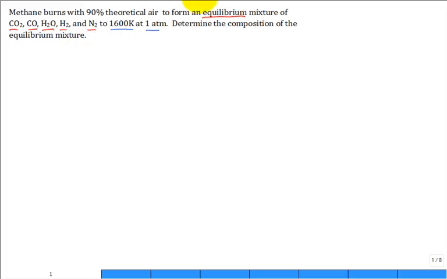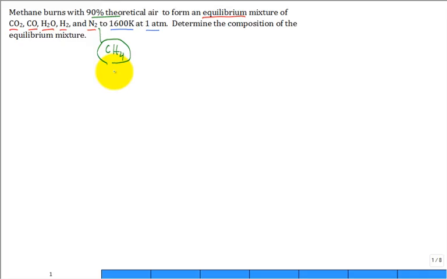Let me ask this. These are the products of the combustion. Is there any CH4? I mean, we didn't have enough oxygen to go around. It was deficient, 10% deficient. Is there any unburned methane in the products coming out? Not really.